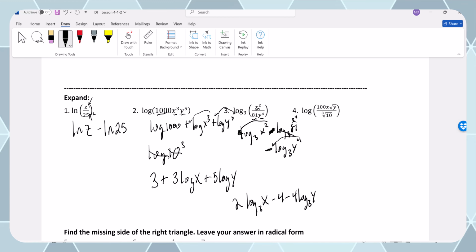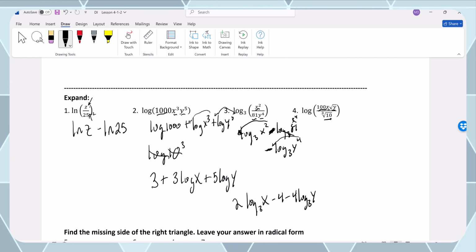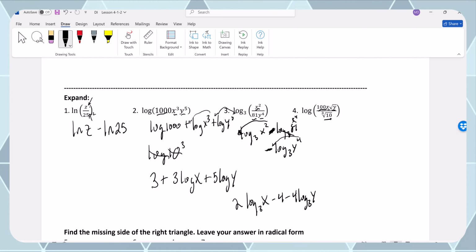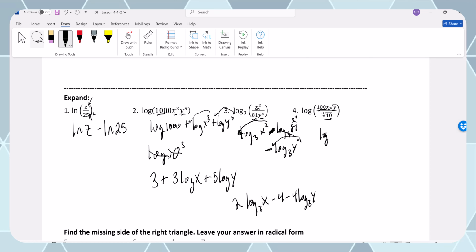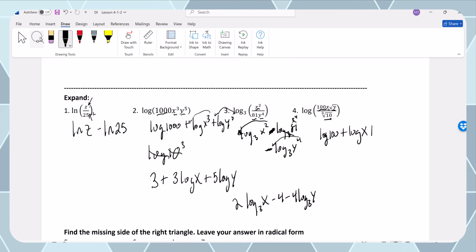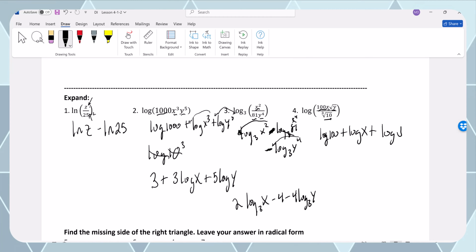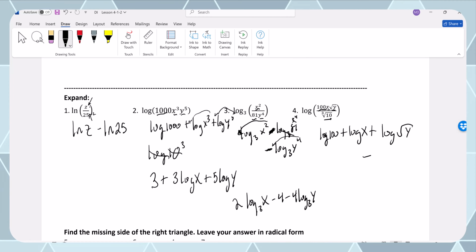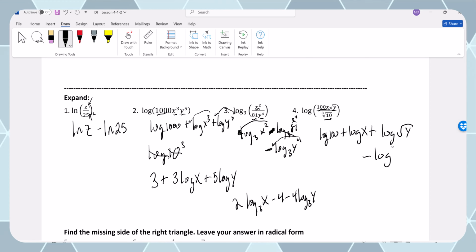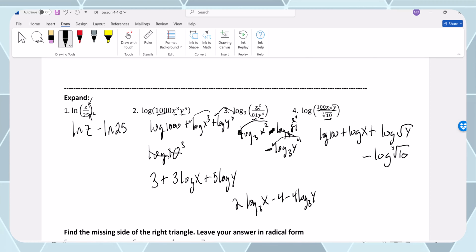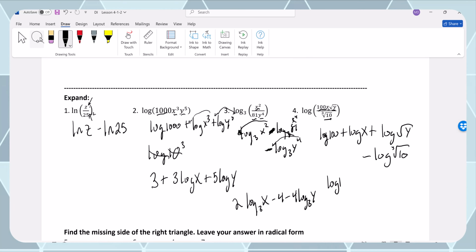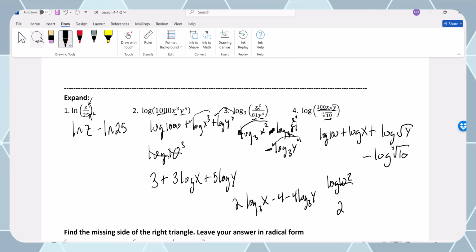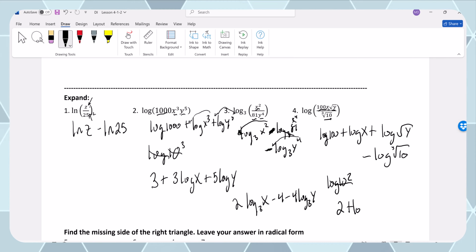For number 4, I have 1, 2, 3, 4 factors. So that's going to be 4 logs. I have 3 factors on top, so those are going to be positive. Log on the bottom. So the log 100, that's 2, plus log x.